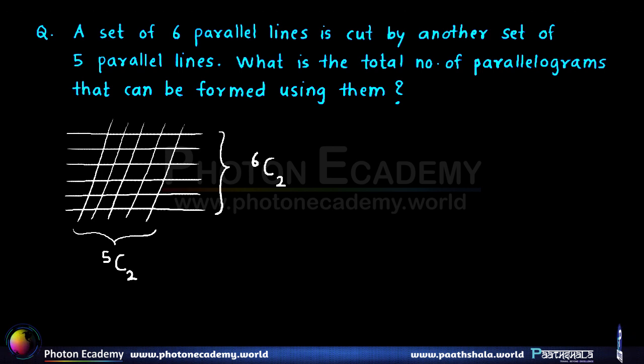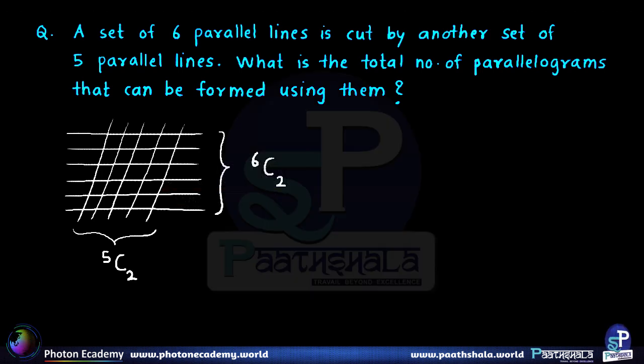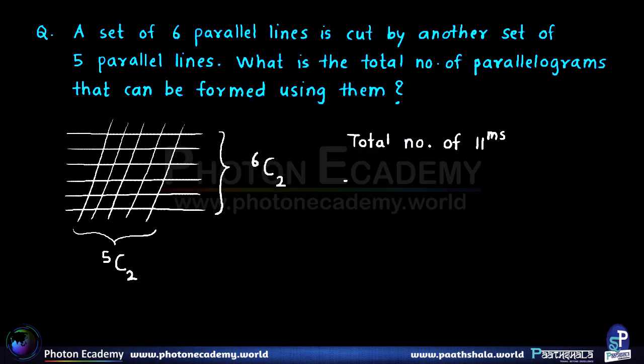And as we obviously want both the pairs of opposite sides, the total number of parallelograms is nothing but the product of these two numbers, which is 6C2 into 5C2.